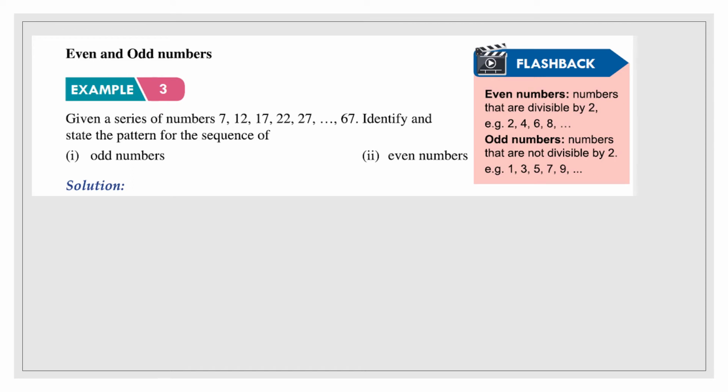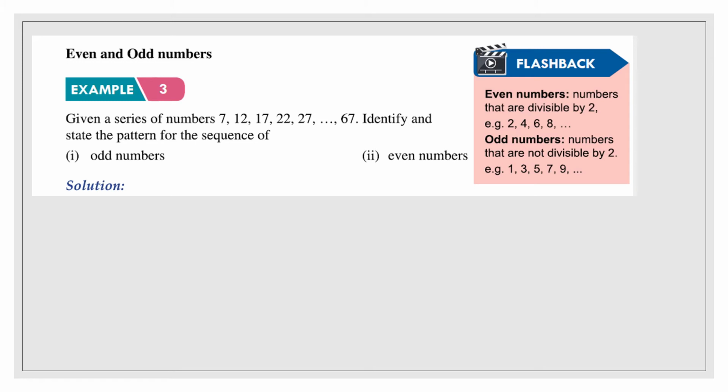In pattern and sequences, even and odd numbers are also included. An even number is a number divisible by 2. It means when you divide any given number by 2, the answer will be a complete or round number and doesn't have any remainder.